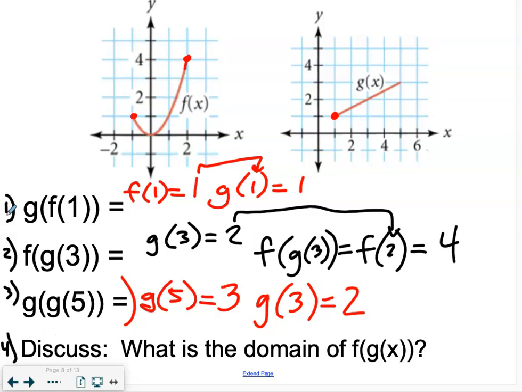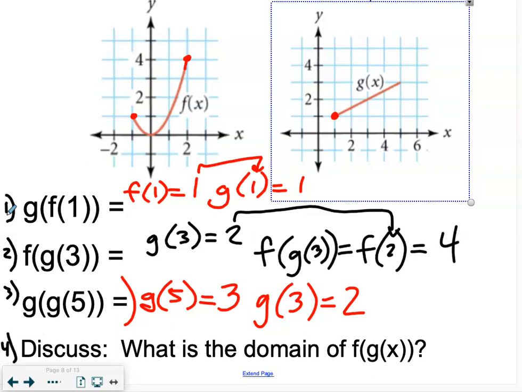So what I'm looking for is that my g function y values go from 1 to 3. So the input for my f function is from 1 to 3, except f doesn't go to 3.